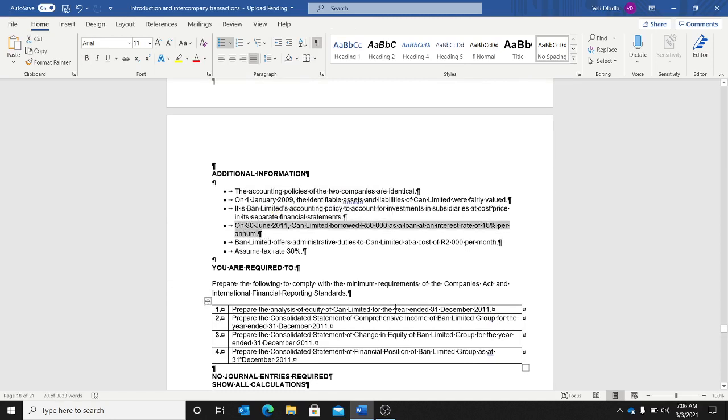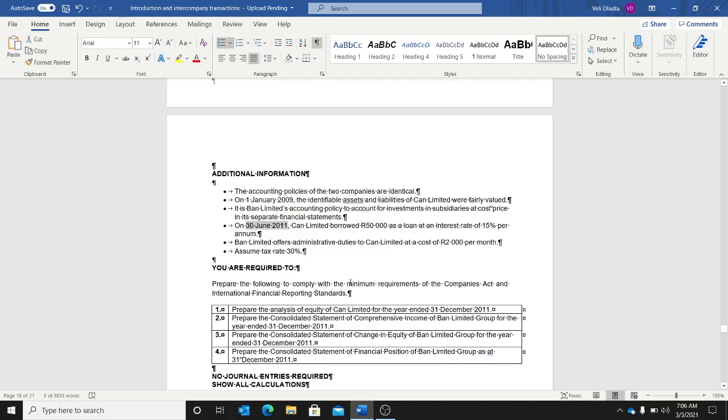Ken borrowed 50,000 as a loan at an interest rate of 15% per annum. Okay. Now, what you then need to do is, if you look at this interest here, how much did Ken pay as interest? 50,000 times 15%. But be careful, because this whole transaction was entered here in June.